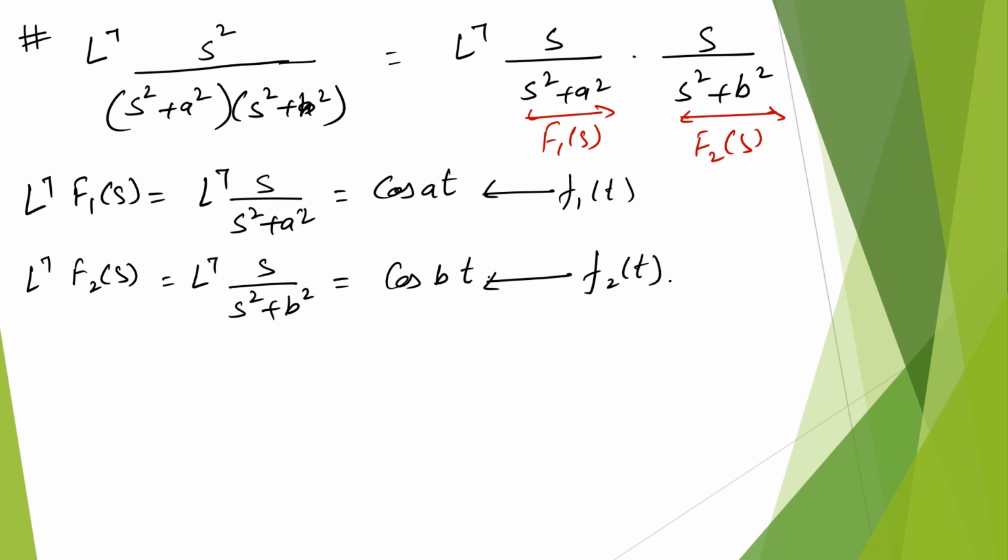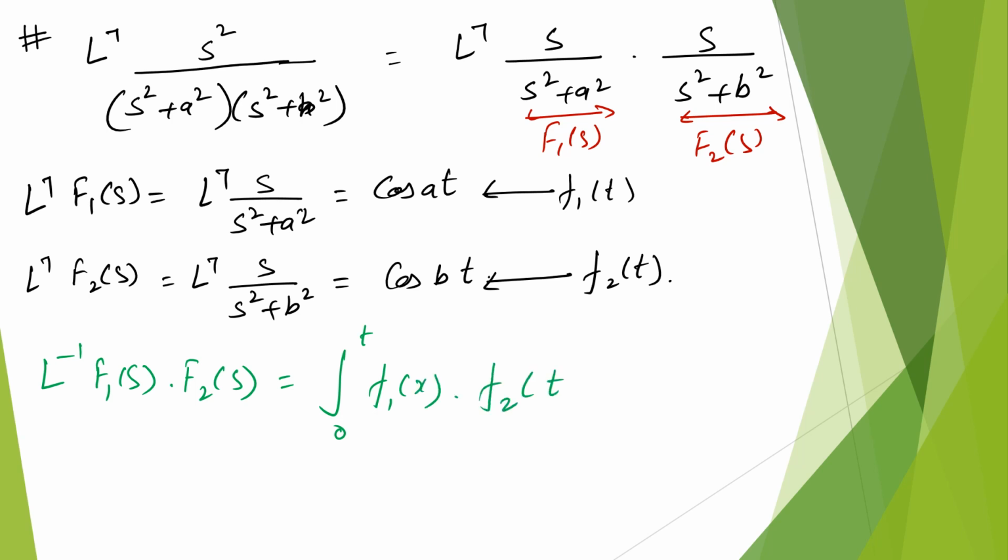Now by using convolution theorem, according to convolution theorem, Laplace inverse of f1s into f2s is equal to integration 0 to t. For first function, we just consider f of x, and for the second function we just consider t minus x and integration with respect to x.